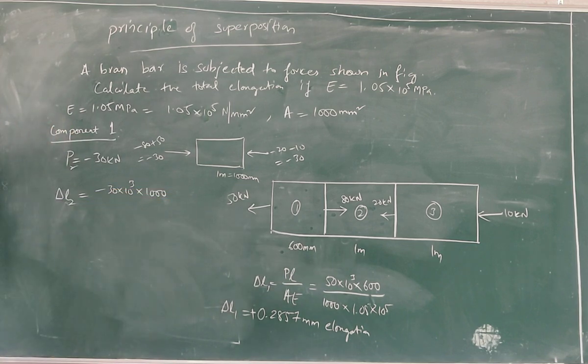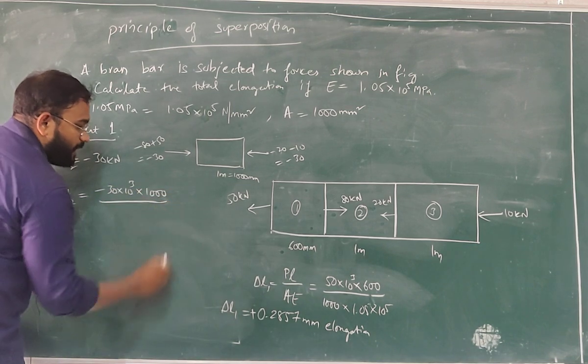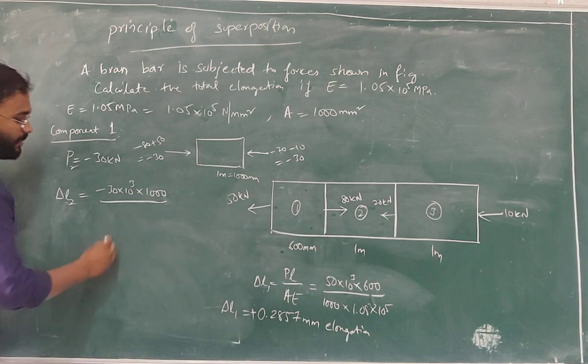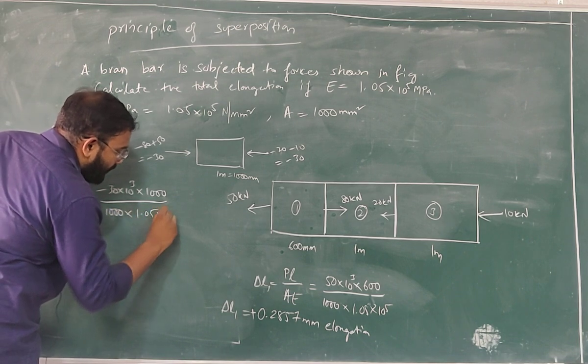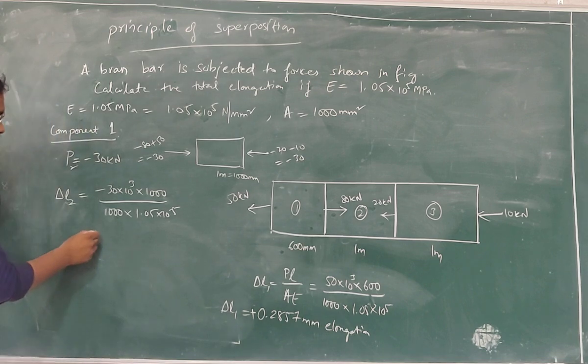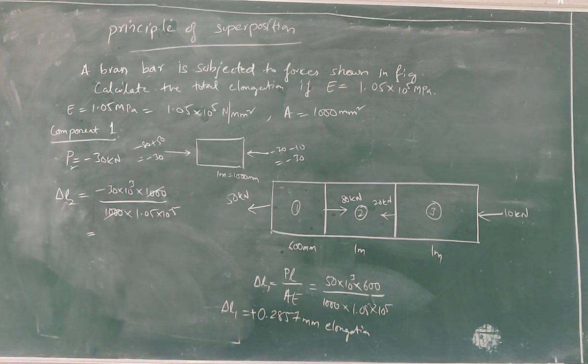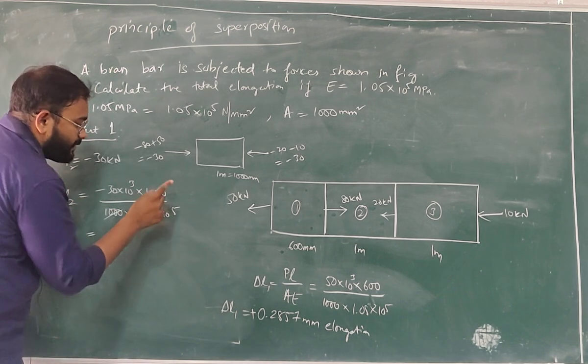Okay, what is the length? L is 1000, 1 meter or 1000 millimeter, divided by area, which is 1000 into 1.05 10 power 5. What is the answer? 30 by 1.05. Sorry, this is not minus 5, this is plus 5.